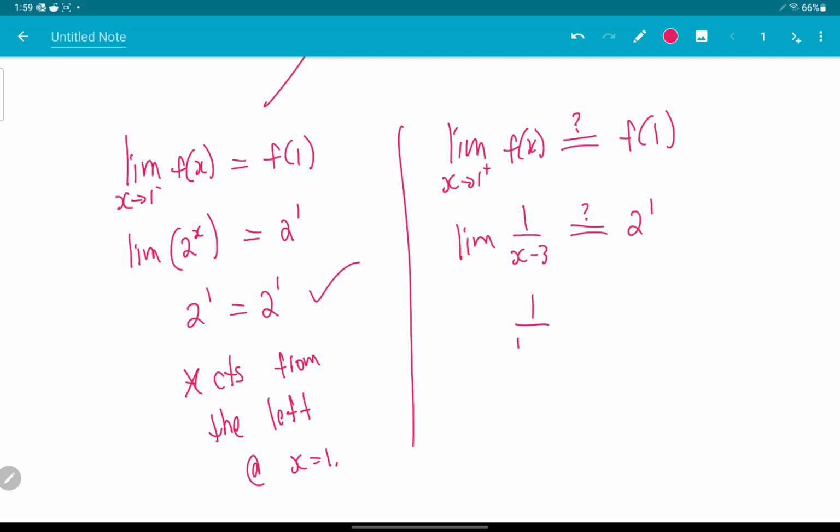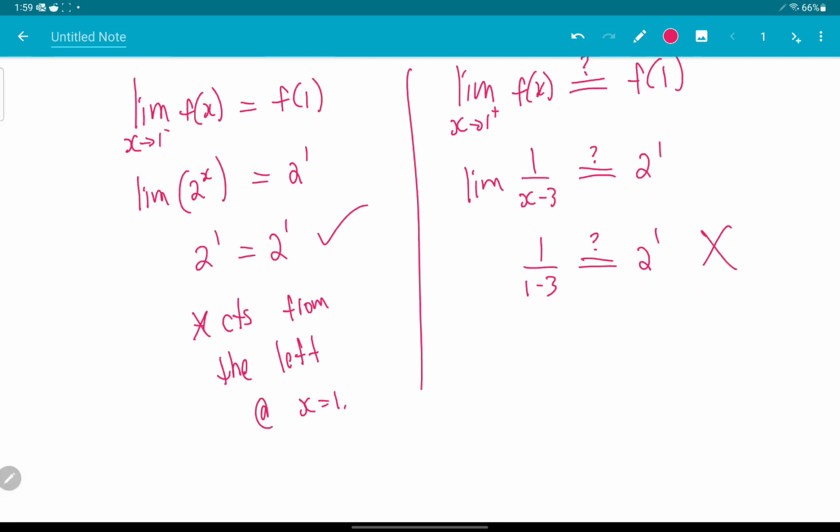And here you get 1 over 1 minus 3, not equal to 2 to the 1. So this is not continuous from the right at x equals 1.